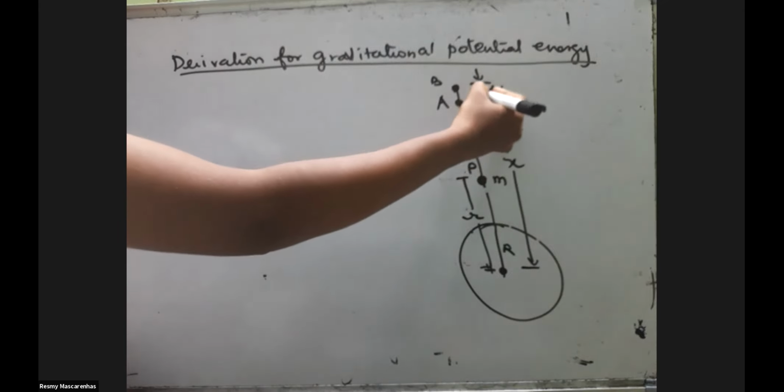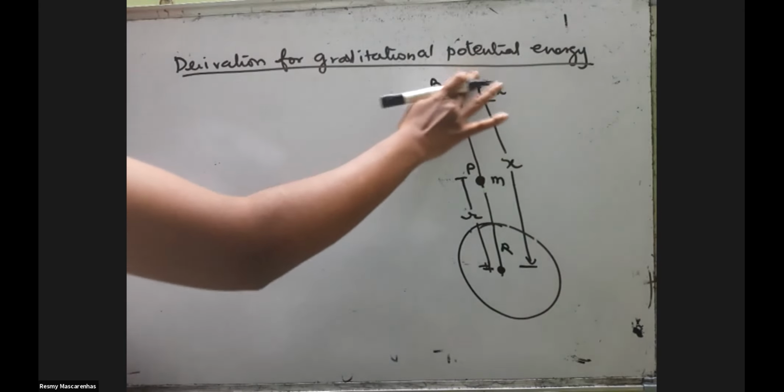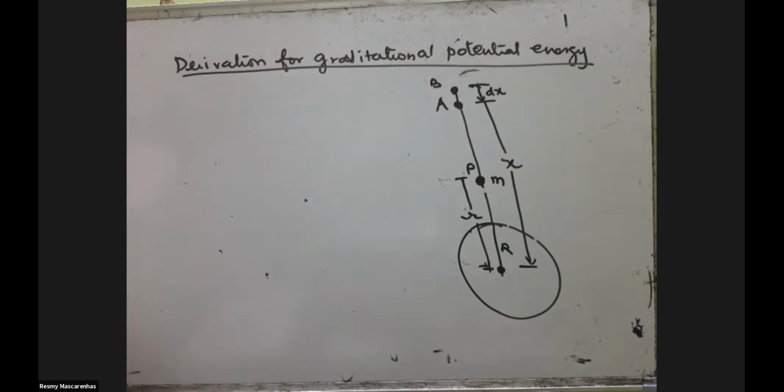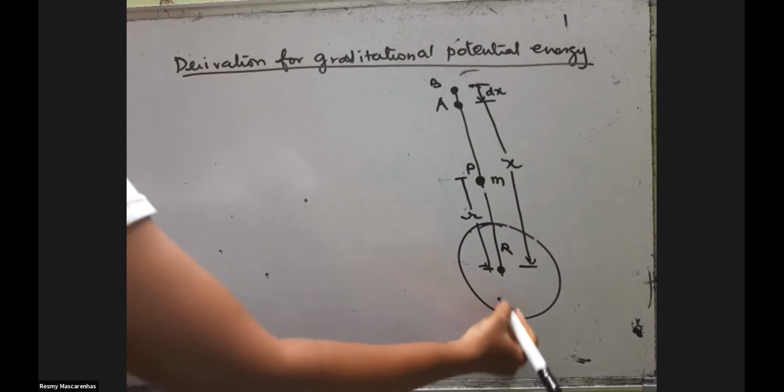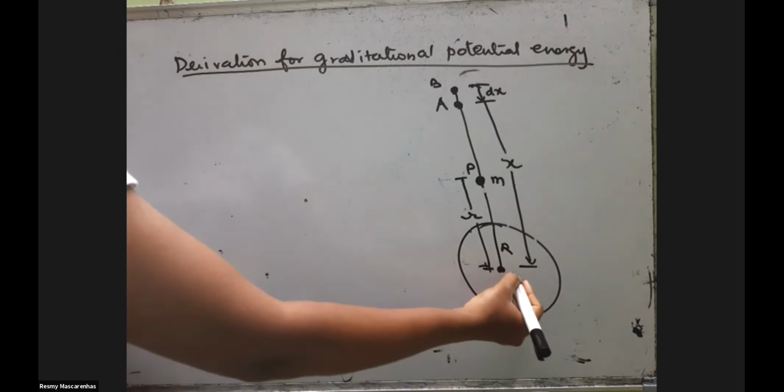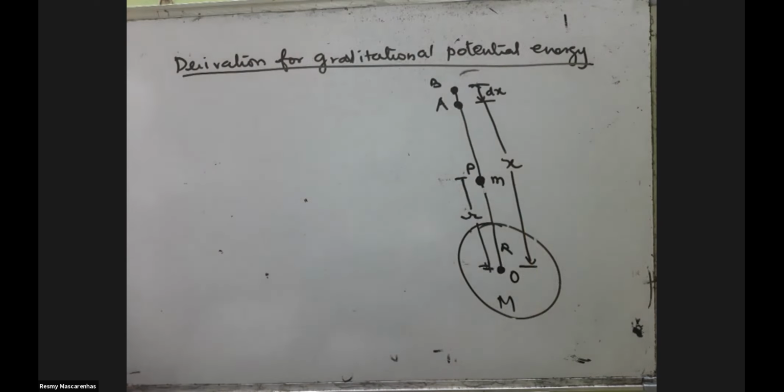This much. M is the mass and O will be the center. This is the diagram.